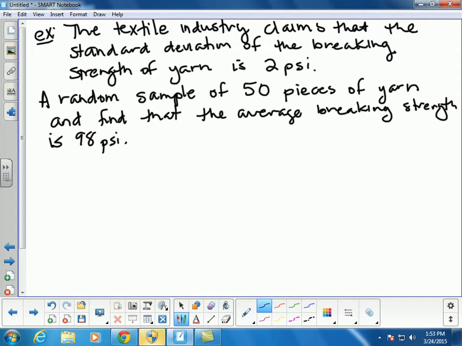The directions say find a 95% confidence interval on the true breaking strength.